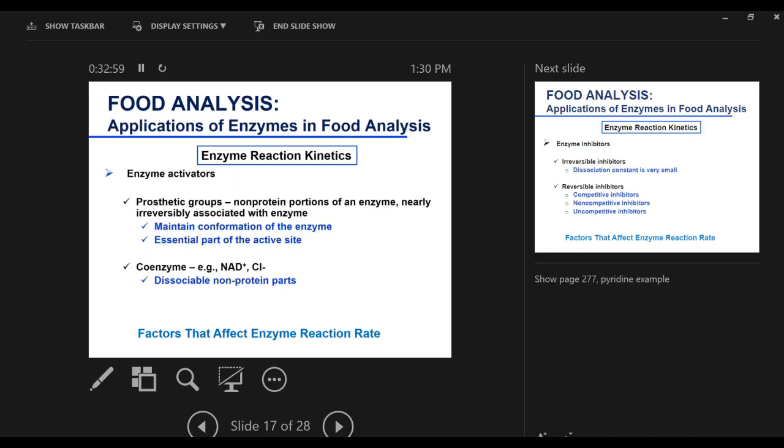Other factors that impact our enzyme reaction: some enzymes need activators. Prosthetic groups are groups that bind strongly to the enzyme. It could be organic, like vitamins, which sometimes can act as activators. Or it could be inorganic, like metallic ions. Sometimes you need iron.